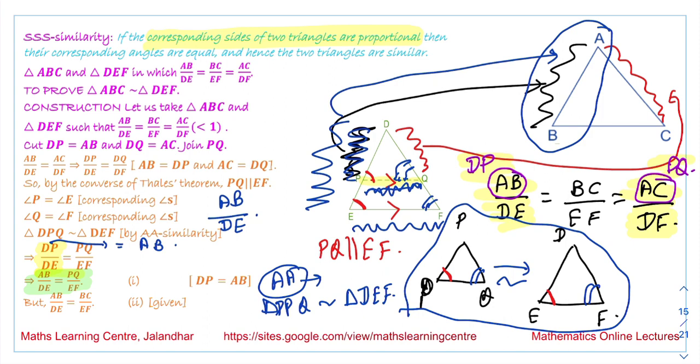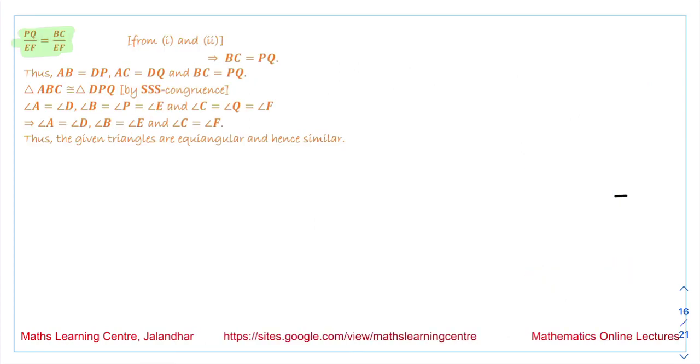But in the question it is already given that AB over DE is equal to BC over EF. So by combining these two results, we get that PQ over EF is equal to BC over EF, and this gives us that BC is equal to PQ.